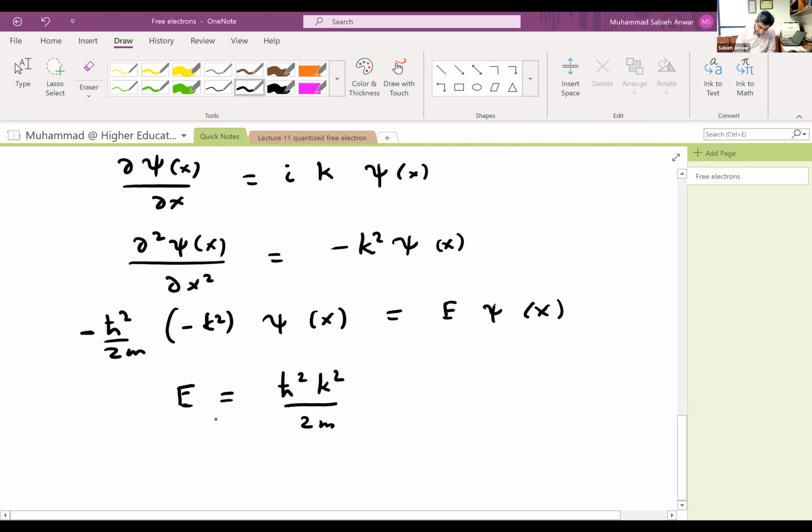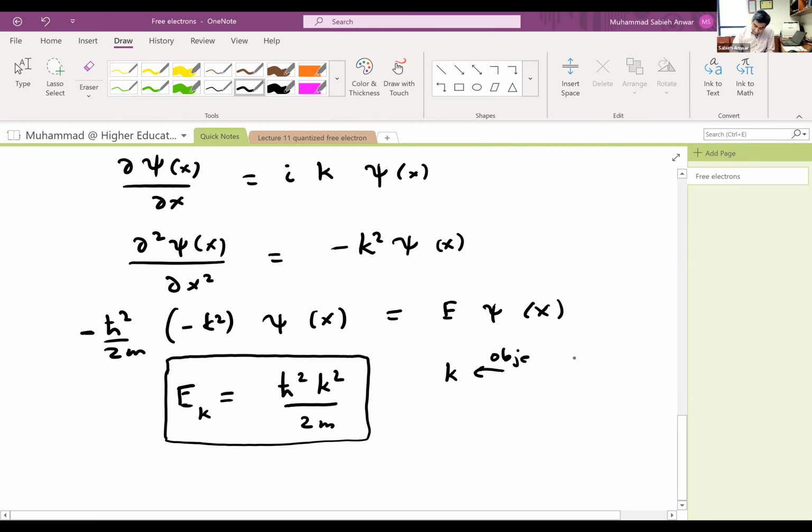And this energy depends upon the number k. And k must have dimensions of momentum. So k is some number living in the reciprocal space. And we've belabored the concept of the reciprocal space.